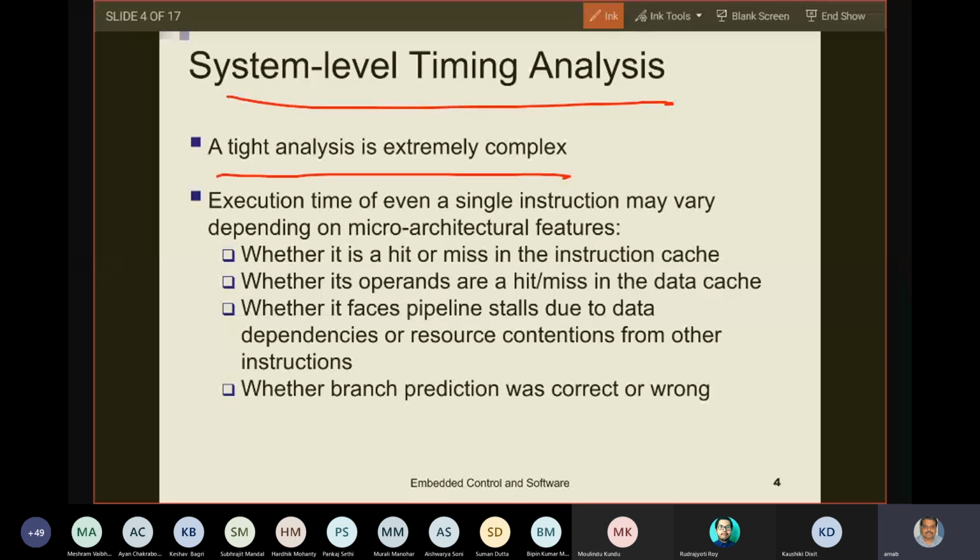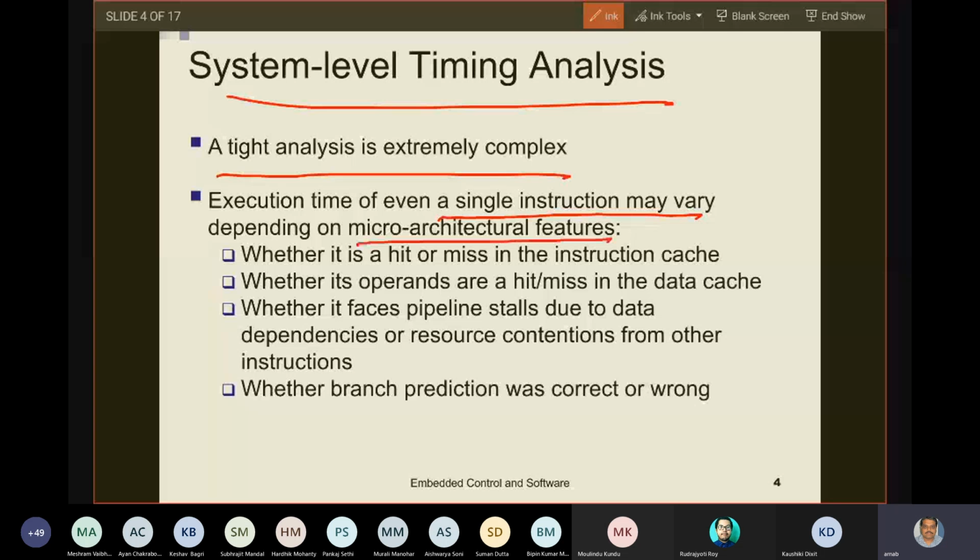Because even a single instruction, just consider a single machine instruction executing on the CPU, the time for that instruction also will vary vastly depending on the microarchitectural features that we just talked about in the last slide. I'm just elaborating on how even a single instruction's time can vary due to microarchitectural intricacies or features.